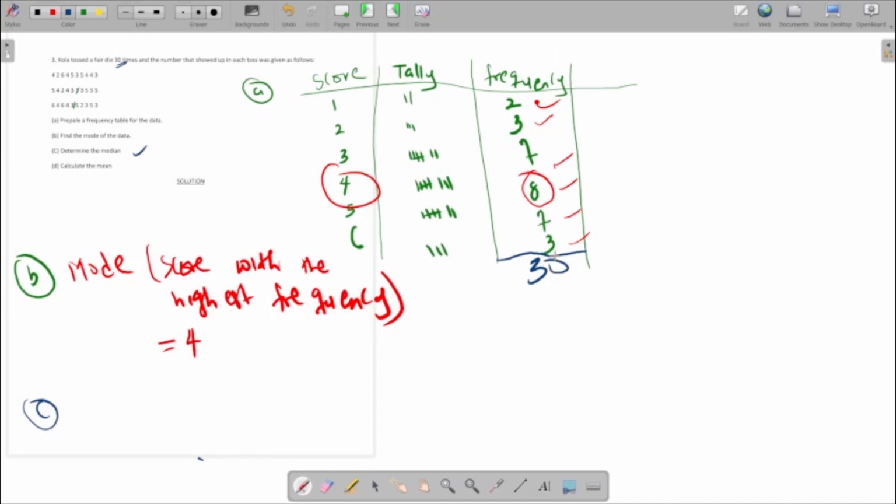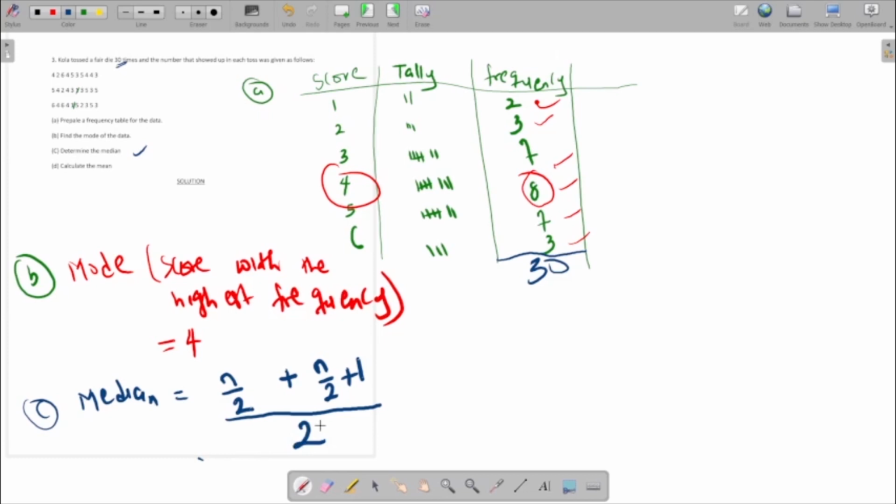So if you have to find the median of an even number, what do you do? You use this formula. The formula will be n divided by 2 plus n divided by 2 plus 1, all divided by 2.